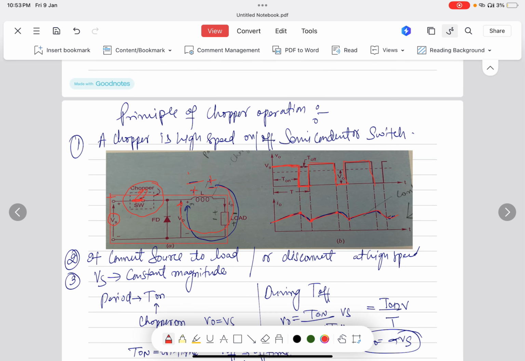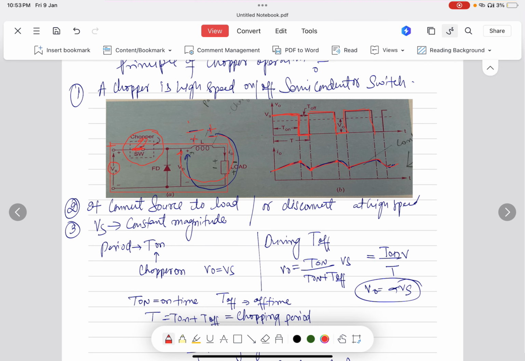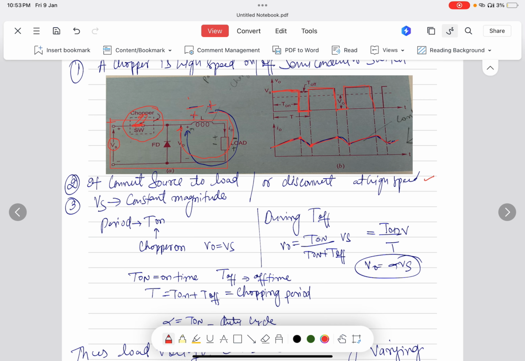So the principle of a chopper is that a chopper is a high speed on off semiconductor switch. Its switching is very fast. Second, it connects the source to the load or disconnects it at very high speed. Third, Vs is of constant magnitude. For the period T on, when the chopper is on, the output voltage equals Vs, because the freewheeling diode is not conducting during that period.